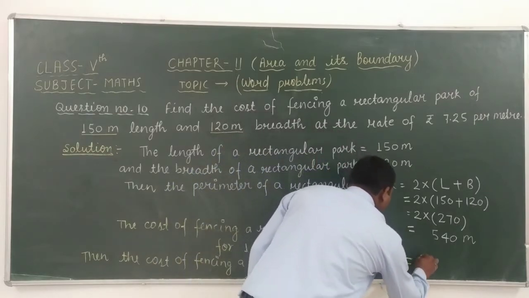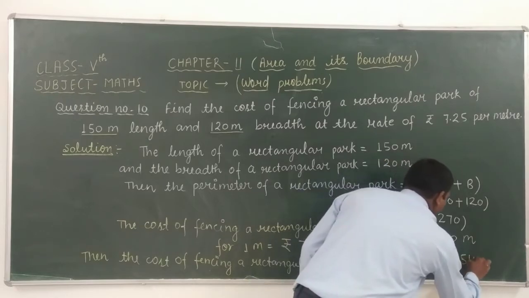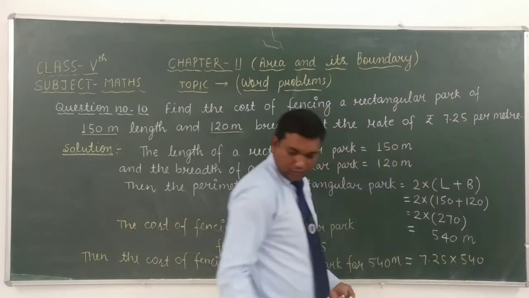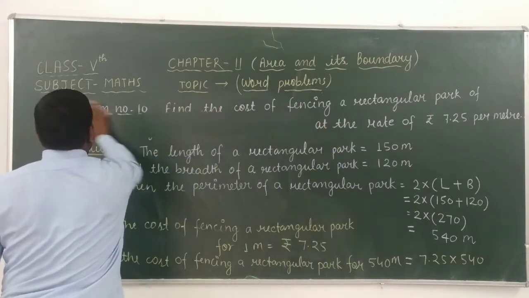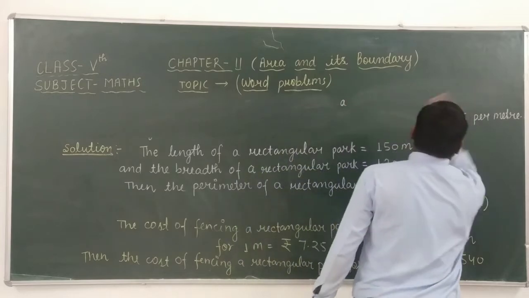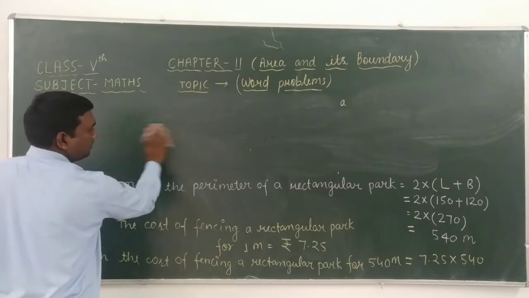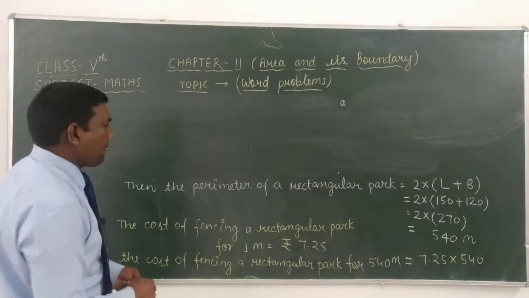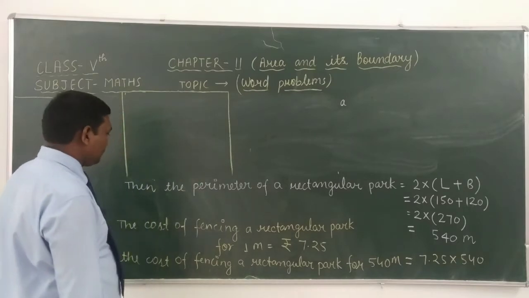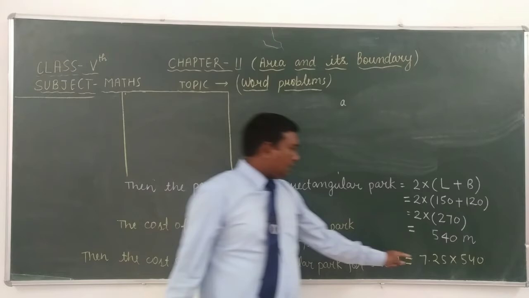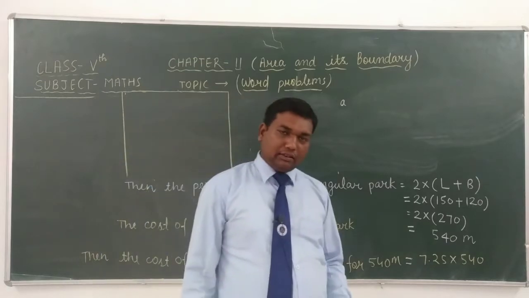Look here carefully. 7.25 into 540. After multiplying these, we get our answer, the cost of fencing a rectangular park for 540 meter.